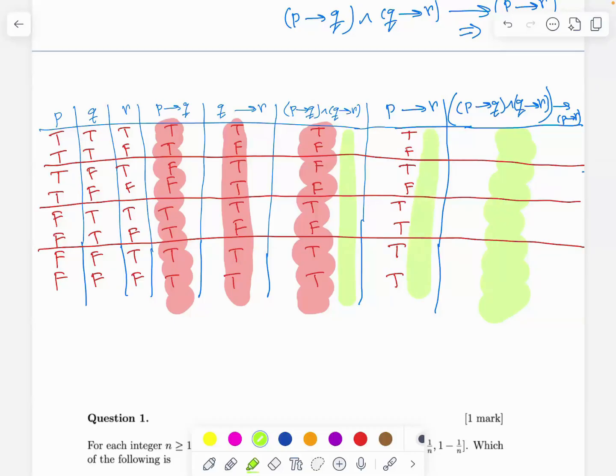So for those ones are F. So I will just quickly write T. Okay, so for those parts are T, there should be T, yes. Yes. Okay, T.